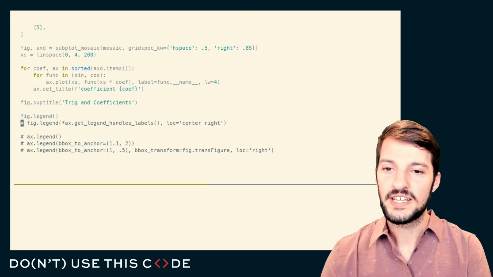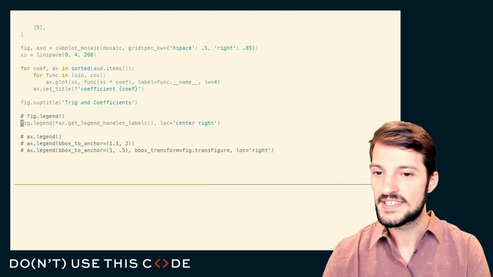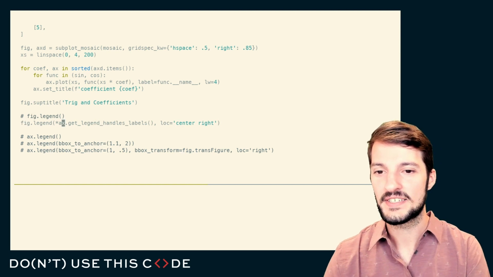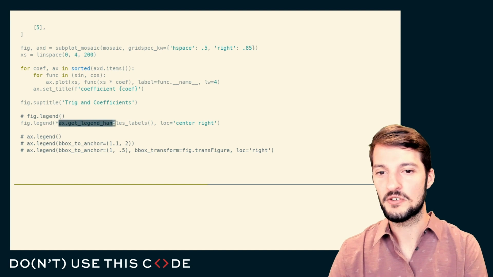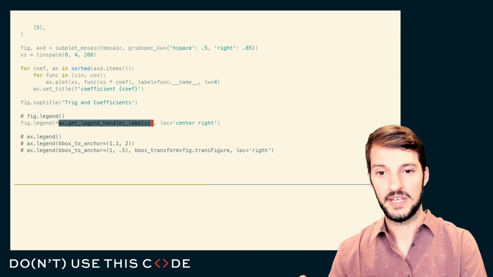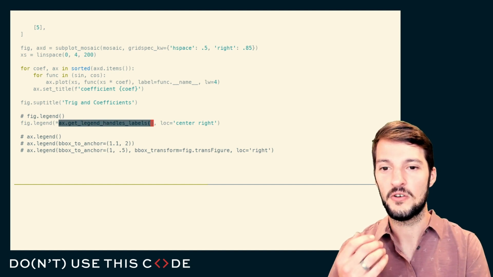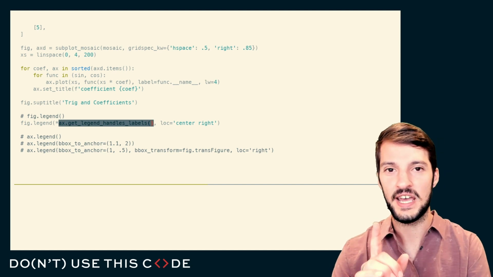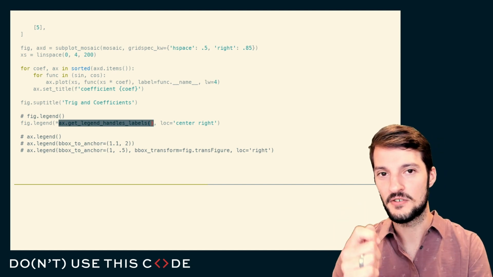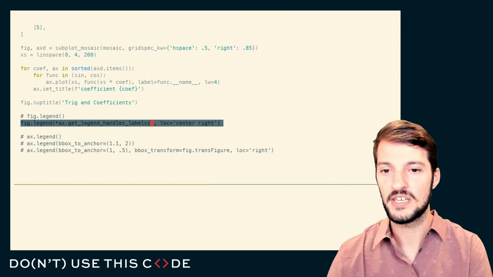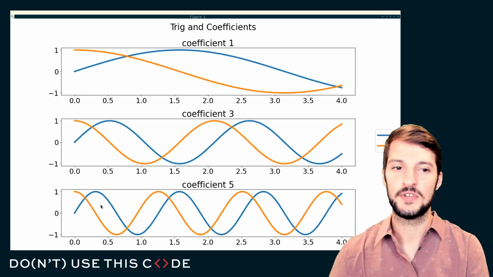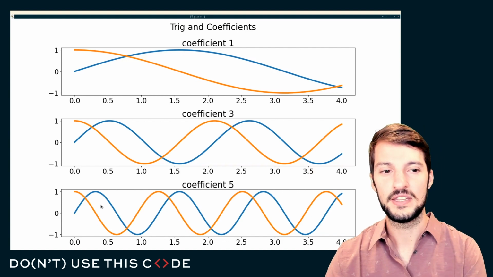What we can do is, instead of just letting Matplotlib do all the work for us, we can manually get the labels and the handles from one set of axes. Remember, each axis just has sine and cosine, and there's 3 sets of them. So we just refer to one of them, we get the labels and the handles, and we pass that to figure.legend, and we end up with this.